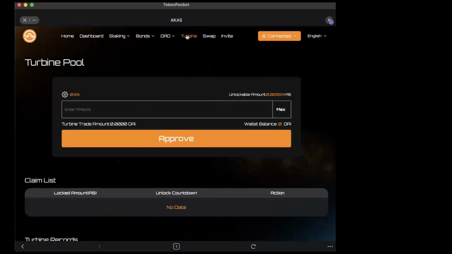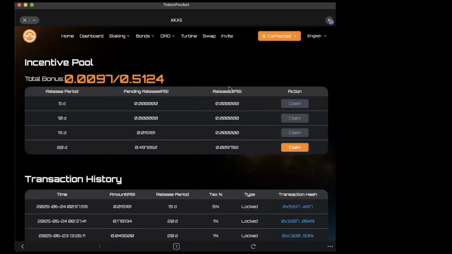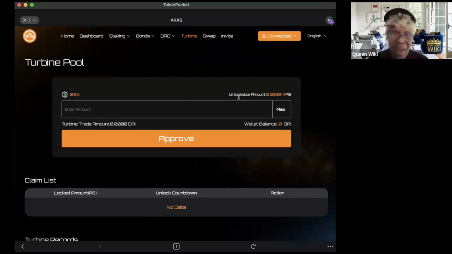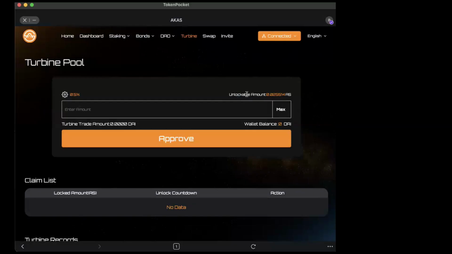This is really interesting because in our incentive pool, for all these release amounts, once we claim it, it goes into this turbine. For example, the unlockable amount is 0.02.